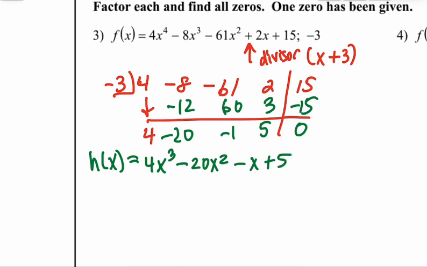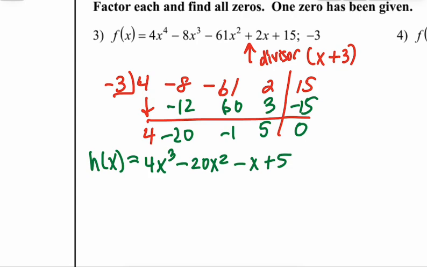Okay. Now, an interesting fact. We need some more zeros. With a cube, we hope there's 3 more. There might not be. There might be. We're going to use this number to help us. I would check by plugging in numbers that go into 5 evenly. Well, there's not a lot to choose from, right?